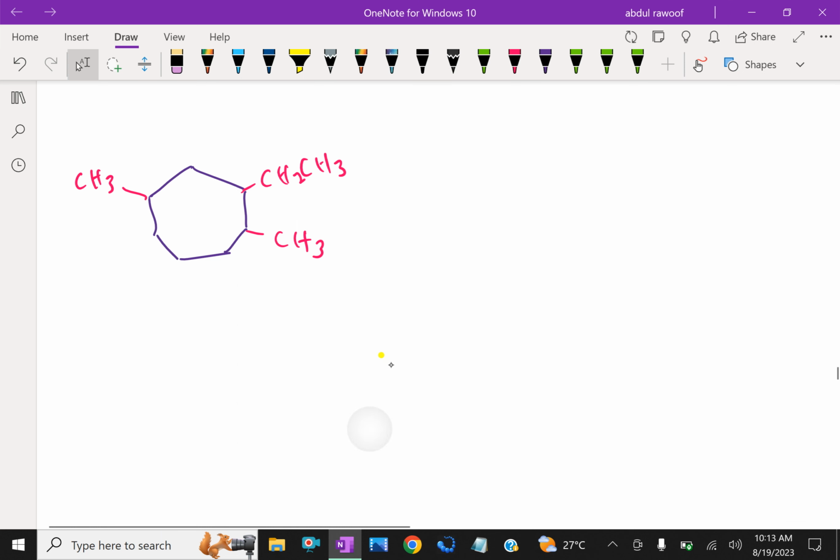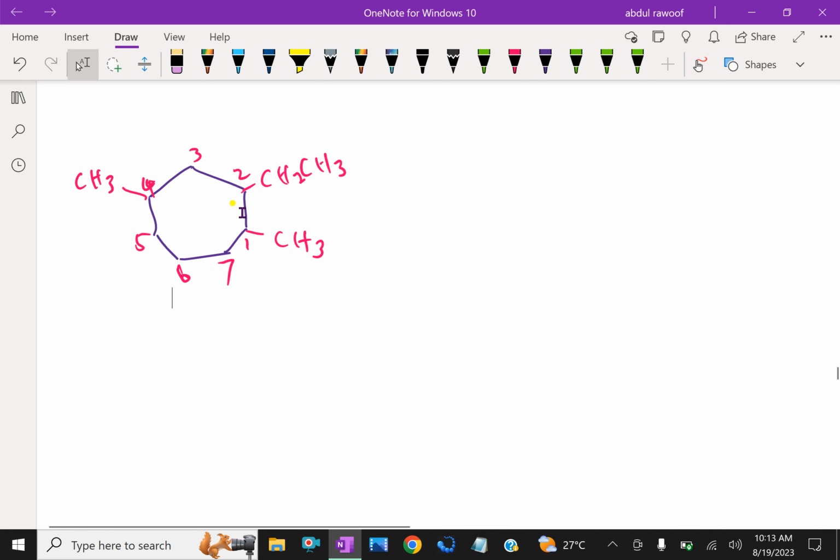Suppose naming this way, 1, 2, 3, 4, 5, 6, 7. So, we can name it like 2-ethyl, with methyl M and ethyl E. So, alphabetically E comes first.